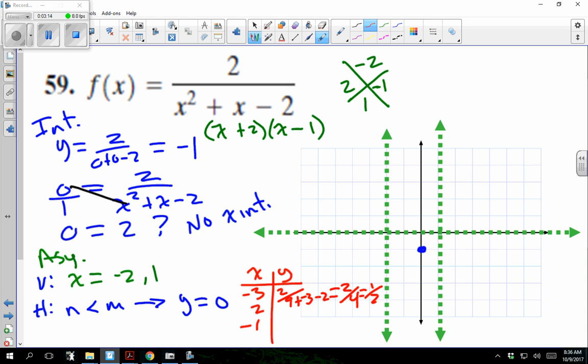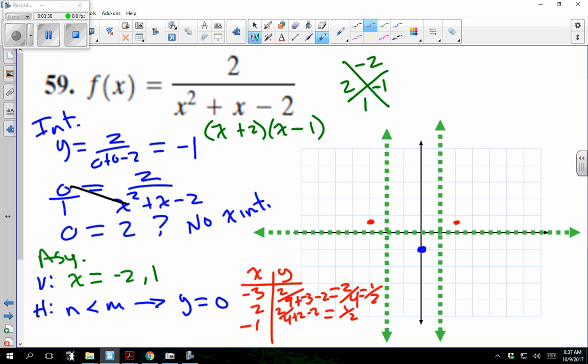When we plug in -3, we get +1/2, right? Like that. At 2, we're going to get 2 divided by 4 plus 2 minus 2, which is, again, going to be 1/2. So that's going to be here.